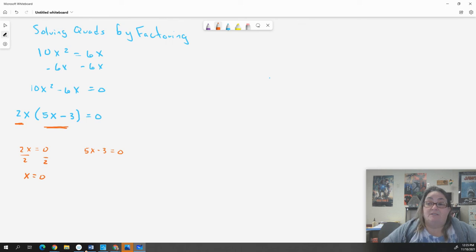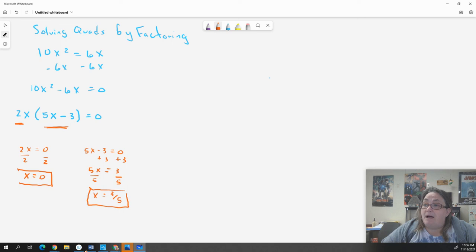Well, what times 2 equals 0 besides 0? Here, I'm going to undo everything being done to this x until I get x by itself. I'm going to add 3 to both sides, and then I have 5x equals 3. And then I'm going to divide by 5 because I've got that 5 being multiplied to the x. And I get x equals 3/5. These are our solutions, right?